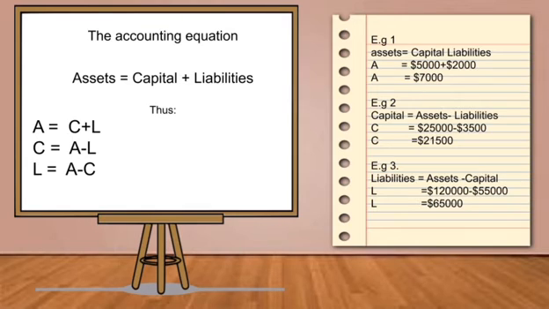Example 2, we are to calculate capital if assets is $25,000 and liabilities is $3,500. So the accounting equation tells us that asset is equal to capital plus liabilities.